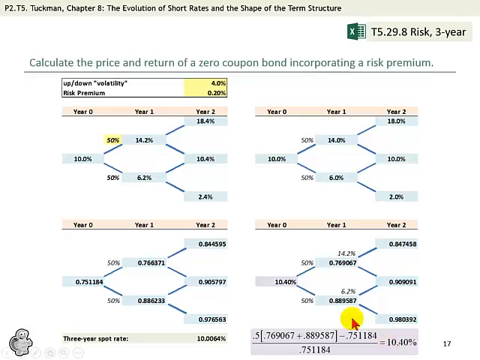Actually, I should say that it's compensation for 2 years of duration risk. So in this case, with a 3-year zero coupon bond, the 2 years of duration risk is reflecting the fact that these year 2 nodes are still using these discount rates, but the year 1 nodes, instead of the 14 and 6, are using the 14.2 and 6.2, the risk premium.